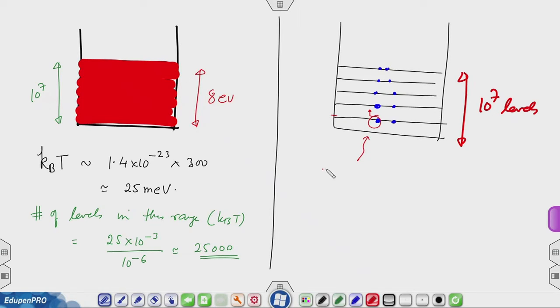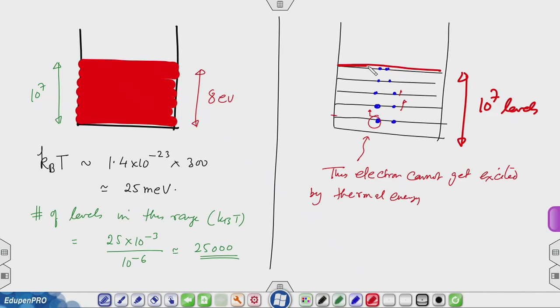So, this electron cannot get excited by thermal energy. This electron cannot get excited, this electron cannot get excited, only a very thin line out here representing about 25,000 levels. These are the electrons that can gain energy and go up. All these electrons down here are inactive thermally, nothing happens to them.